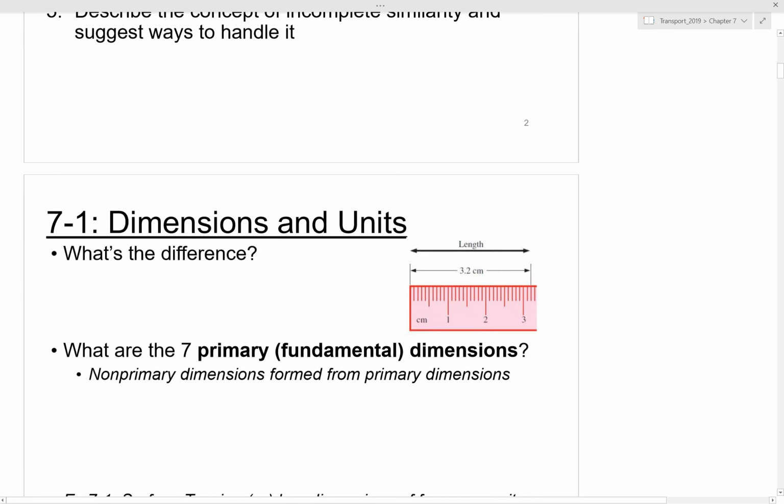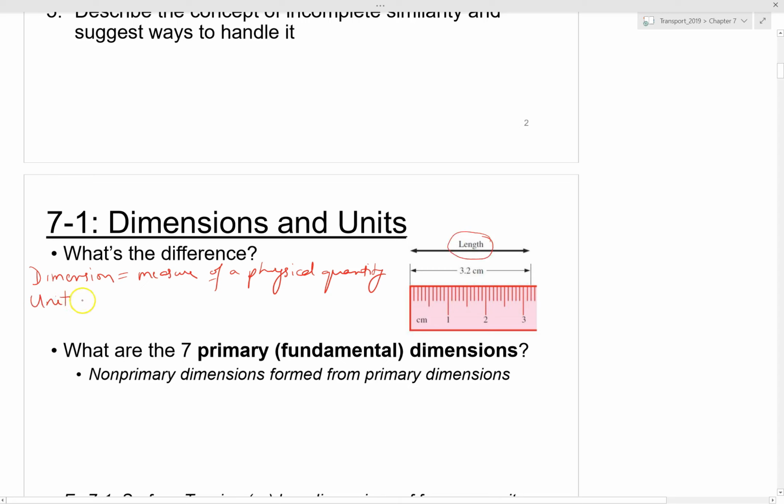What's the difference? So dimension is a measure of a physical quantity. Right? For instance, in this case, length.